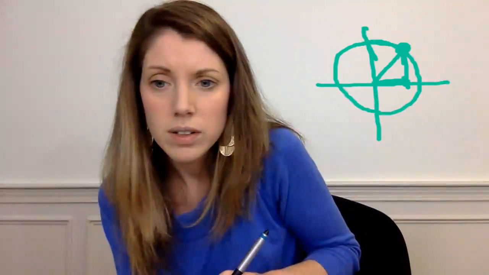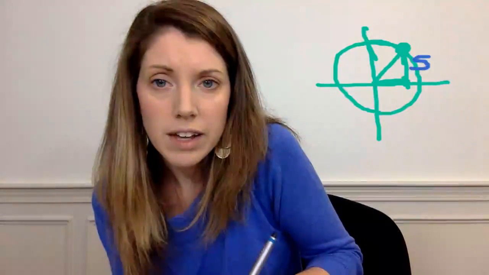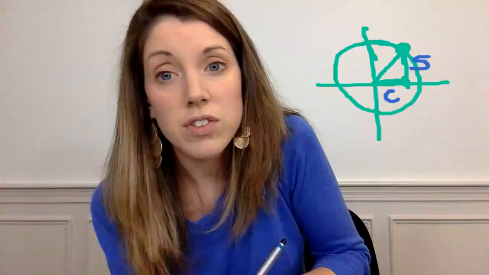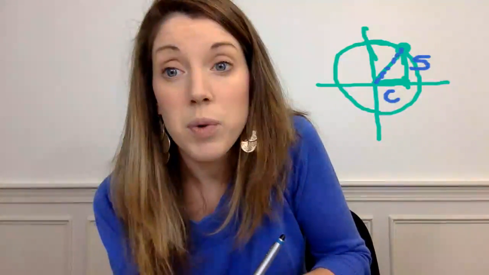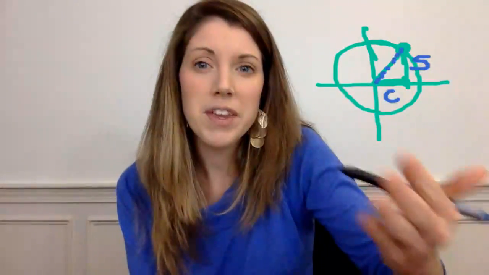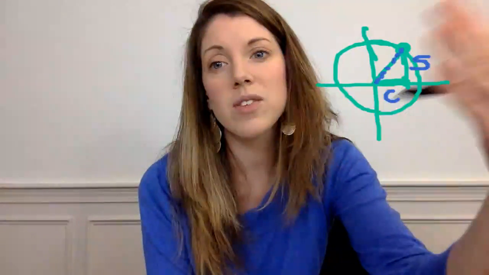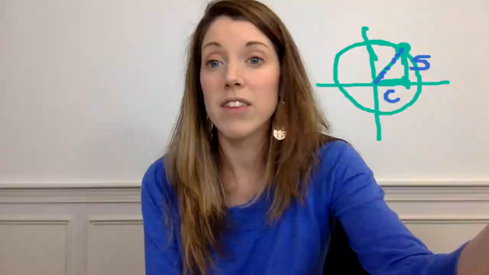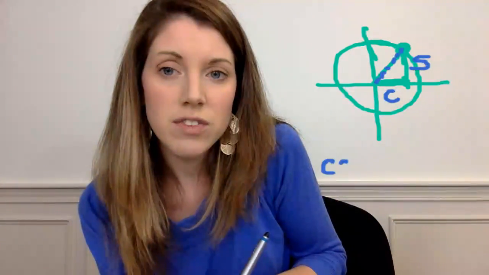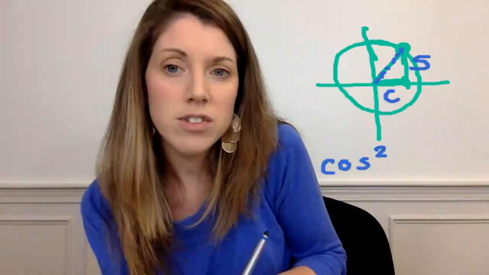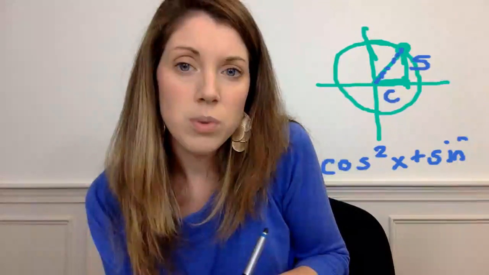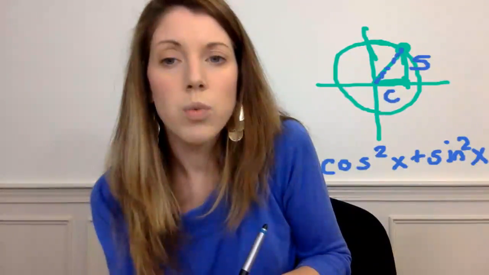So I'll say, S for sine and C for cosine. We also know that on the unit circle, the radius is always 1. And so from the Pythagorean Theorem, if we square the two legs, we get the square of the hypotenuse. So what we really have here is the x value, cosine squared, plus the y value, sine squared, equals 1 squared, right?